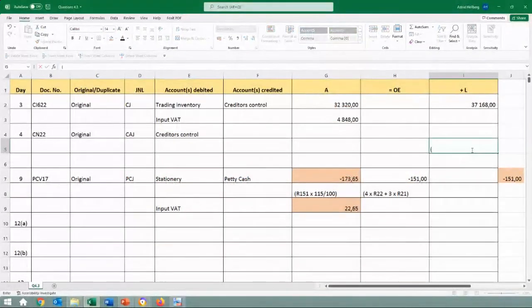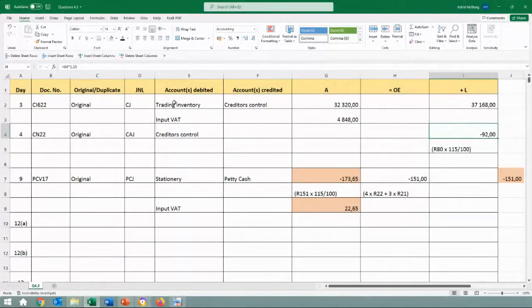So to work out how much my creditor will decrease, remember creditors control would be inclusive of VAT. So we take that 80 Rand and multiply it by 115 over 100 to get to the correct value. But we also said that we are going to decrease the liability, so it's a negative amount. So you would then reduce what you owe your creditor, 92 bucks.